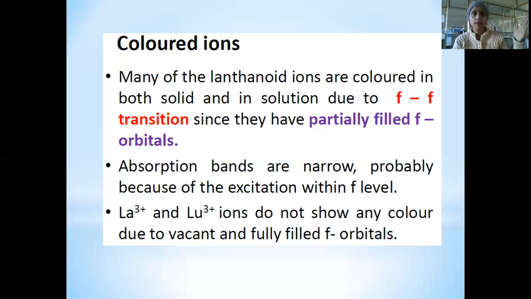Why? Because in the case of lanthanum, +3 means all the electrons have gone, so it is a completely vacant f orbital. Whereas Lu3+ has a completely filled f orbital. Such ions do not have any electrons for the transitions, that is why they are colorless.